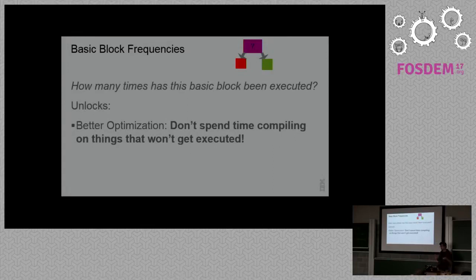Or maybe we do that in a sampling fashion, so we only update it probabilistically. These kinds of information are really valuable because they let us direct the optimization inside of the JIT. We don't have to spend time optimizing and compiling code that only gets executed 1 in a million requests.